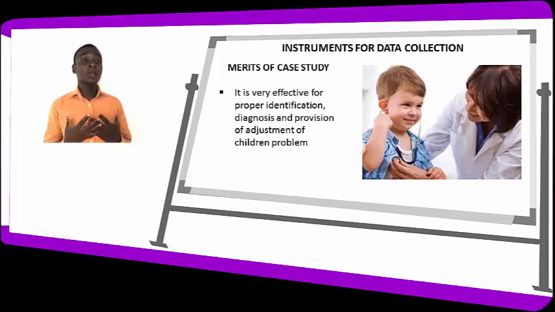And number two, case study is very effective for proper identification, for diagnosis and provision of adjustment of children's problems. So if we are carrying out a case study on psychological method of data collection and we are applying it to psychology, when we are doing a case study on children, it is very good in order to identify the problems that they face.